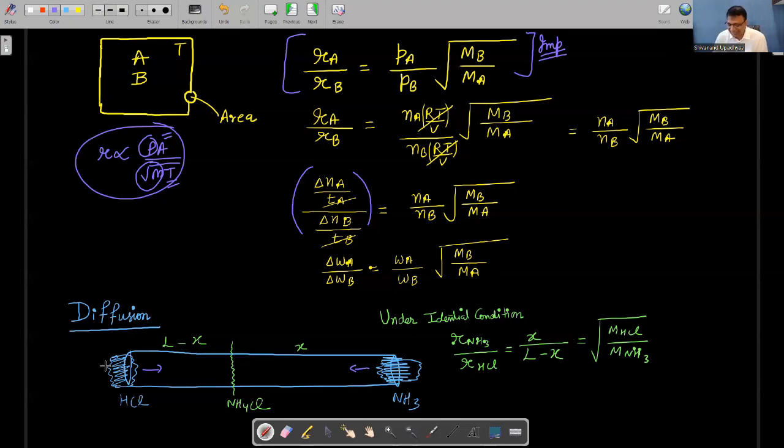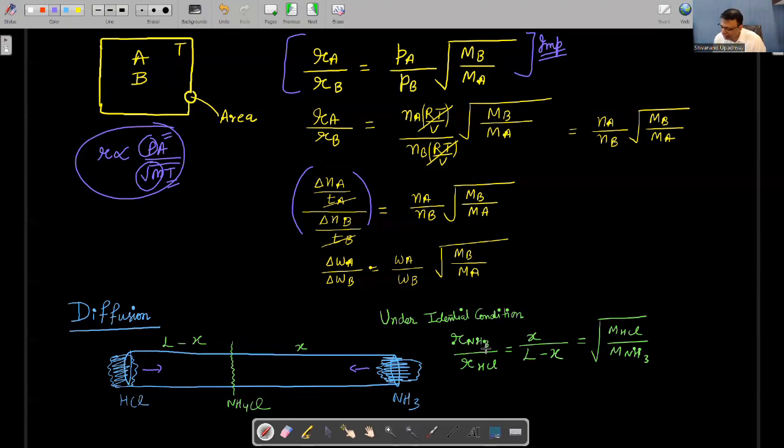But the good thing is that under the same conditions of pressure and temperature, we have found experimentally that the rate of diffusion of gases is also inversely proportional to the square root of molar mass. So that's why we use this: the rate of diffusion of the lighter gas, ammonia, upon the rate of diffusion of the heavier gas is inversely proportional to the square root of molar mass.